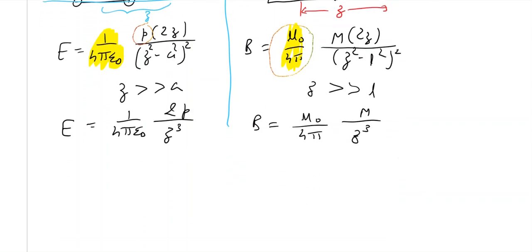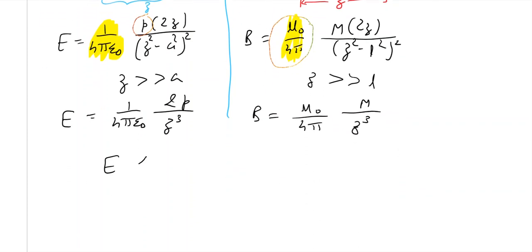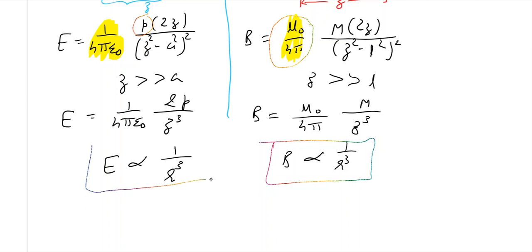So the way electric field has distance dependence with 1 by r cube, magnetic field is also having a similar relation with distance as far as magnetic field on axis is concerned.